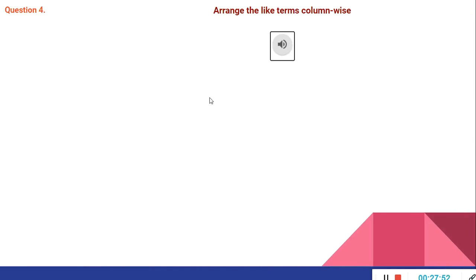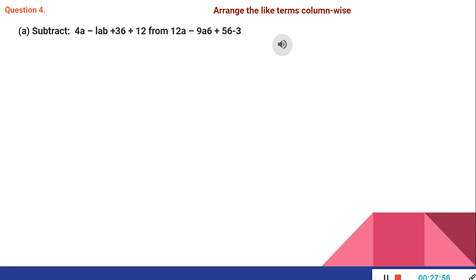Now question number 4. Subtract 4a minus 7ab plus 3b plus 12 from 12a minus 9ab plus 5b minus 3. So here also we can do in column method, arrange them as like terms. Then after that in subtraction we know that in second line the sign will change, isn't it?